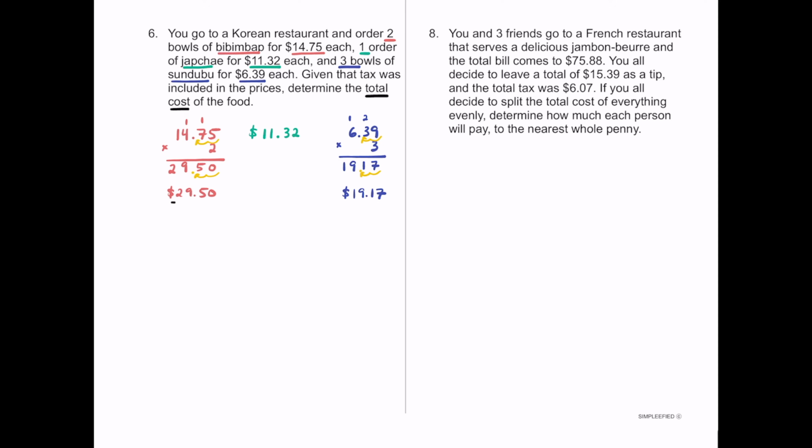So we have 1, 2, and 3 total prices for each of these, and let's go ahead and add them up to find the total cost. All right, so let's go ahead and take this $29.50, line it up with this $11.32, and then finally we'll line that up with this $19.17 and go ahead and add them up.